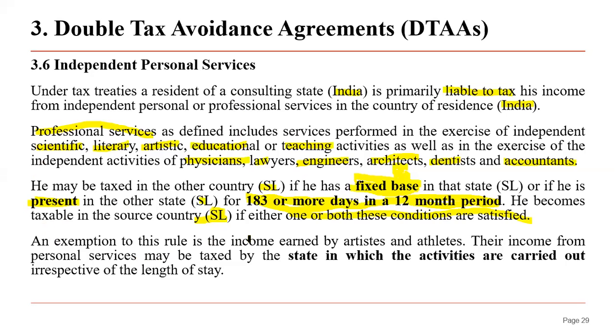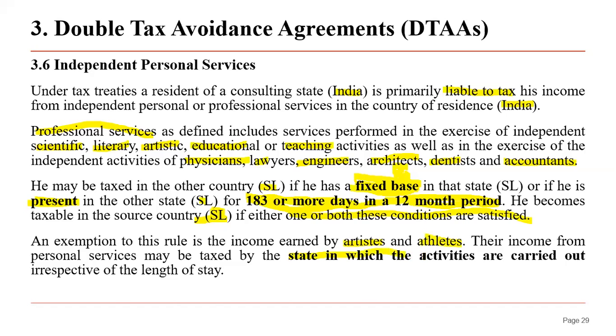Then the exemption is given in the case of artists and athletes, the sportspersons. If they are coming into Sri Lanka, their income from personal services may be taxed by the state where the activities are carried out.